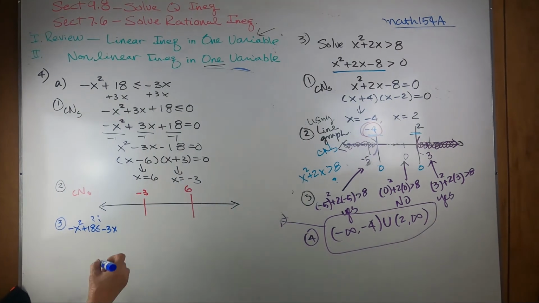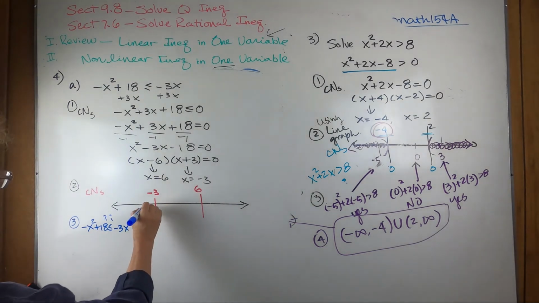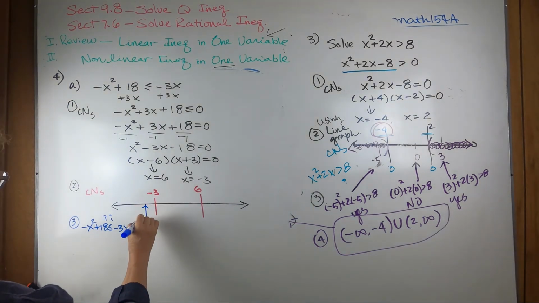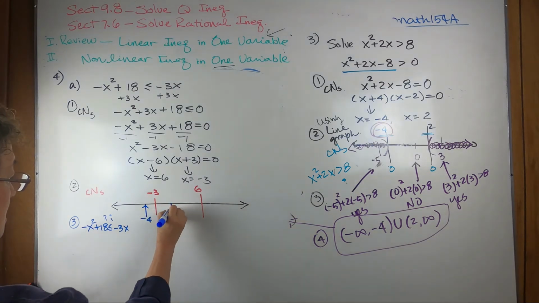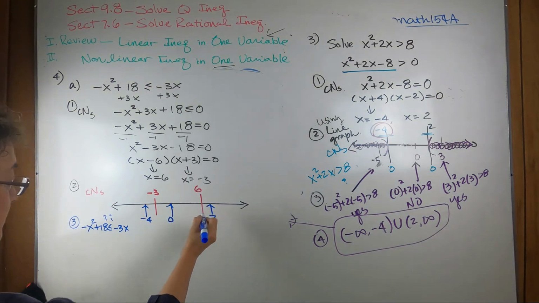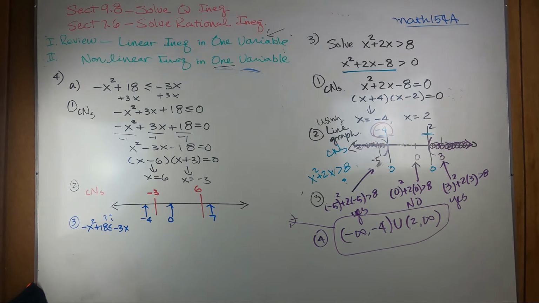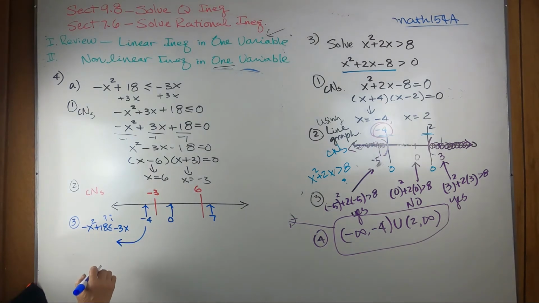Okay, so which numbers do we want to use? I probably use negative 4, for this one I can use 0, and I can use 7. So I plug into the original. What do I have?